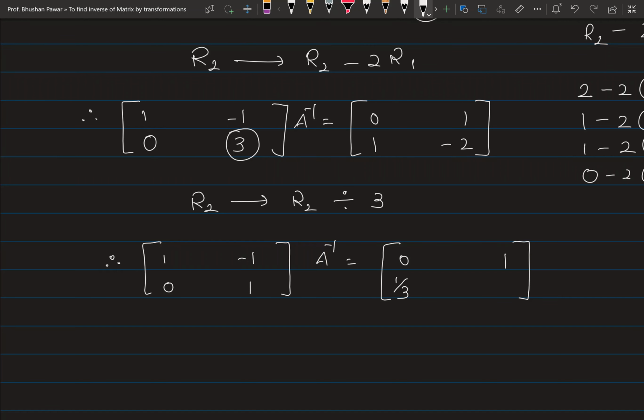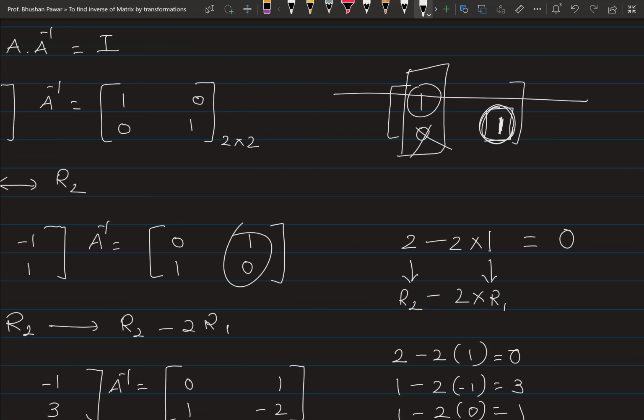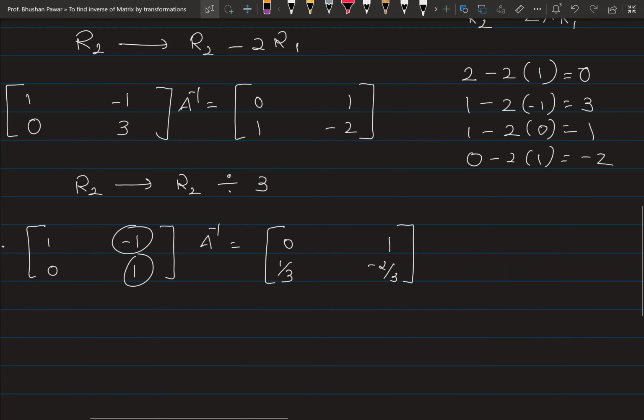Now we go to that structure again. After getting this 1, as we had discussed, now we will try to get 0 at this place. But currently we have minus 1 in the place of 0. So how to get this 0? How to convert this minus 1 into 0 using this 1? So let us see.